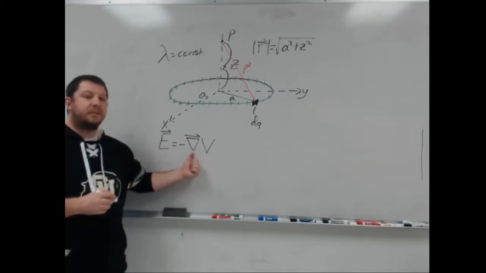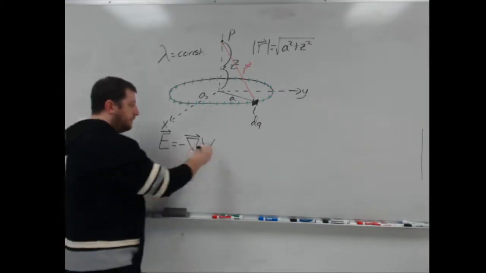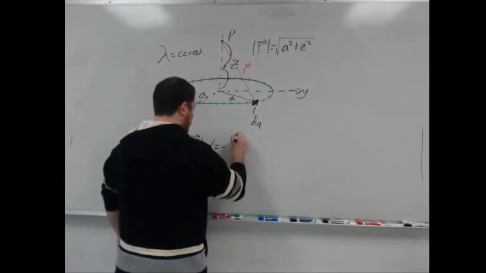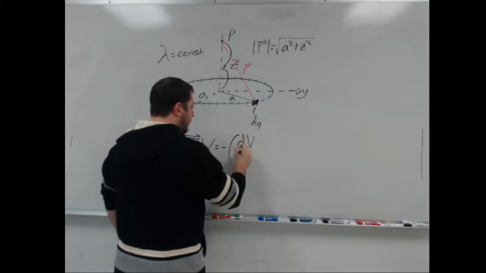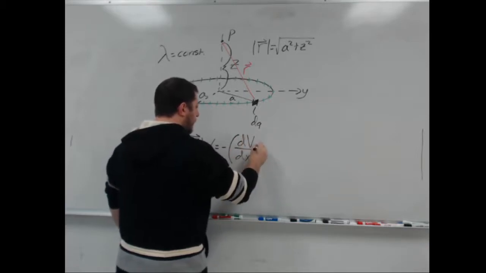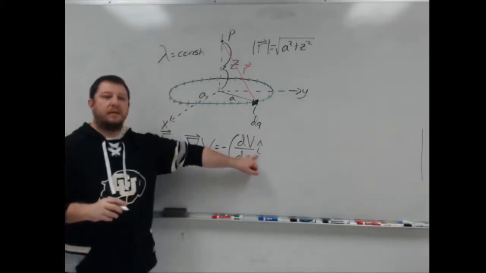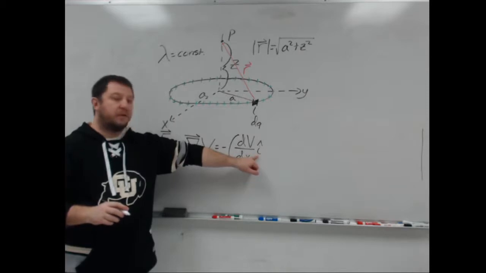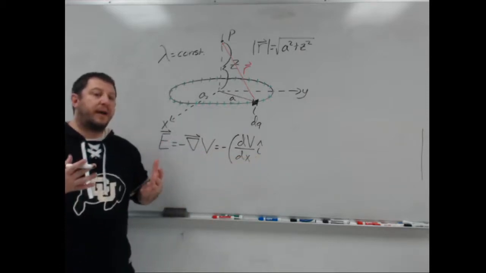So what is this gradient operator? So the gradient operator says, take the derivative of the potential in the x direction and attach the x direction unit vector to that value, and then do the same thing for the y and z directions.